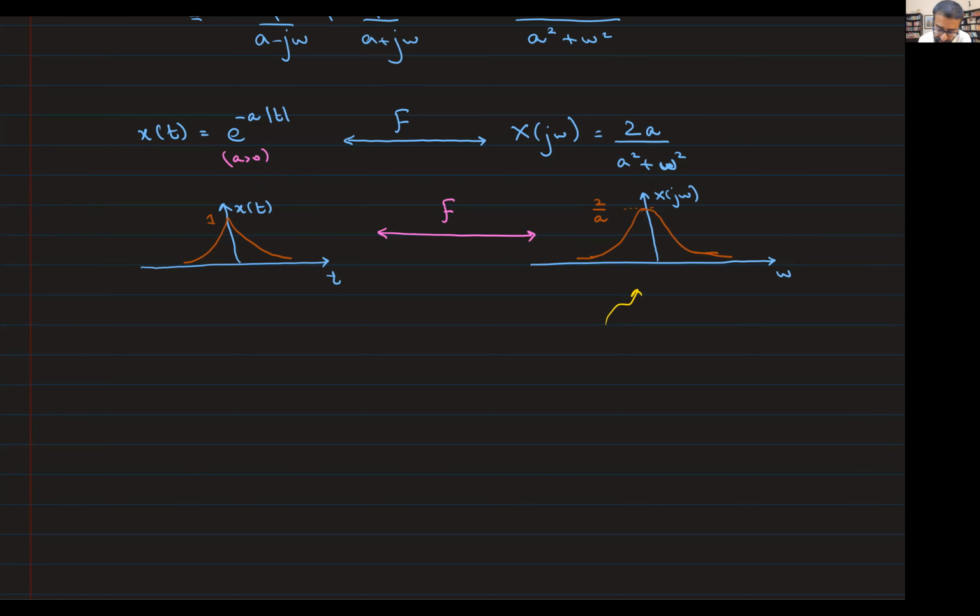For example, this particular value of x of j omega, this height, what is it telling you? What that means is that the value of x of j omega evaluated at this frequency tells you what the contribution of the complex exponential of this particular frequency is in the time domain signal, right?